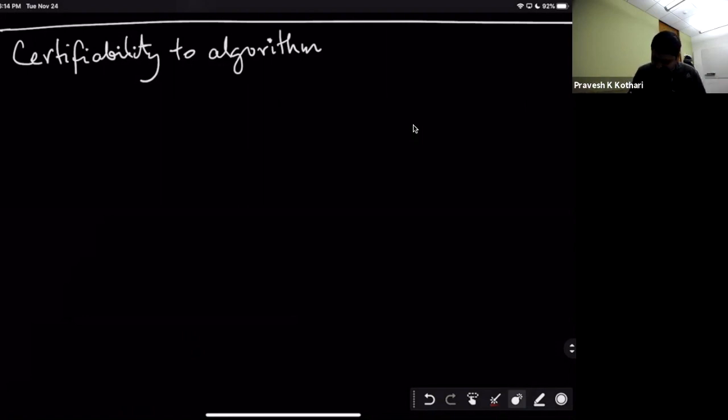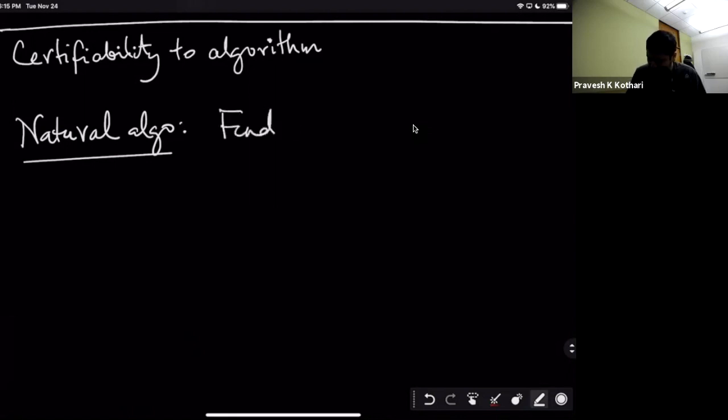So here also there is a natural algorithm. It looks kind of different from the previous lectures because our certificate somehow involves a distribution here. But once I write it, hopefully you'll realize that it's not so unnatural. Find a distribution mu.